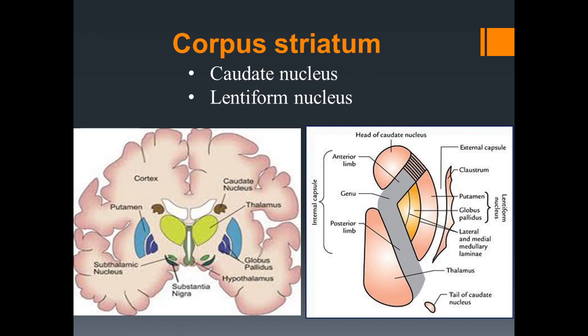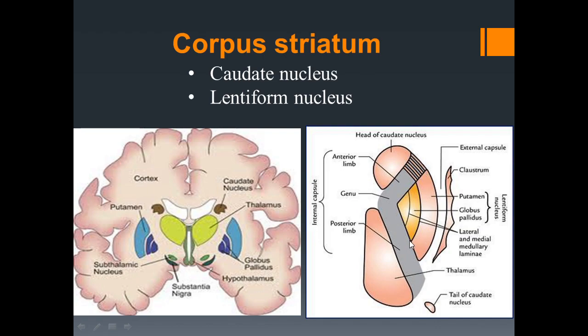Lateral and above to the thalamus, this nucleus is the caudate nucleus, and lateral to the thalamus, this nucleus is the lentiform nucleus. These two nuclei, caudate nucleus and lentiform nucleus, constitute the corpus striatum.